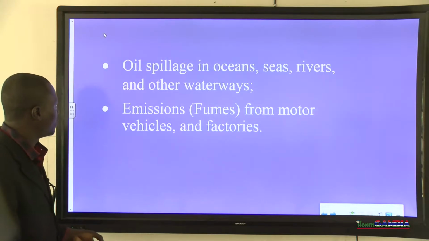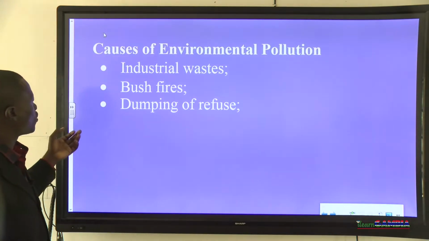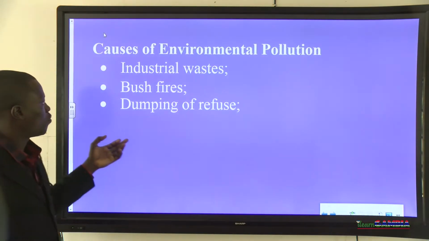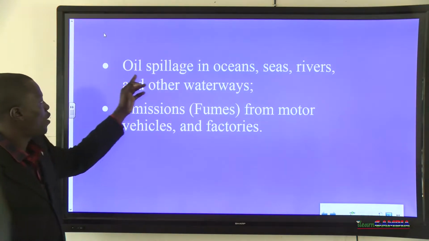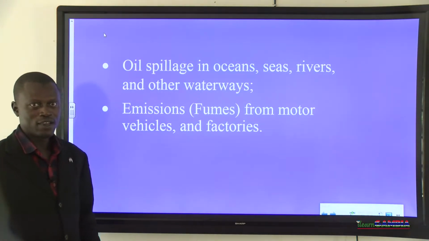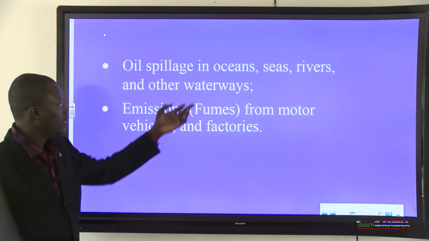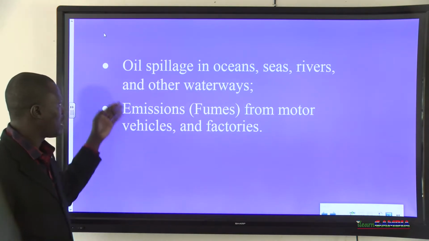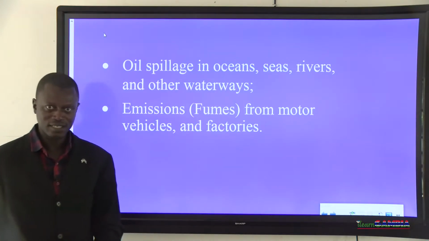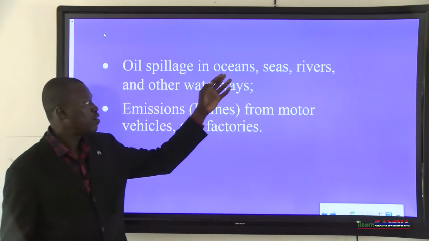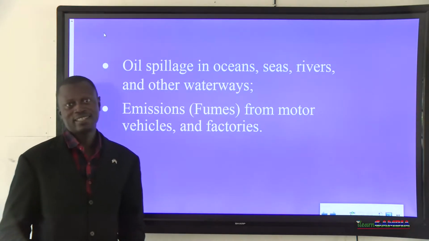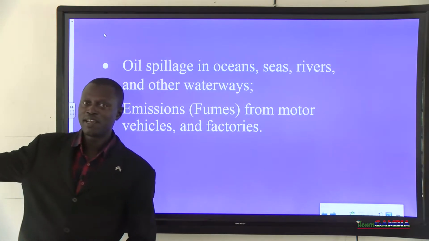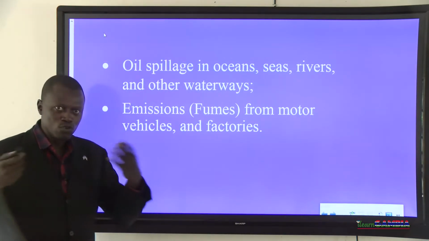Now, other causes of environmental pollution include oil spillage. Oil spillage where? In our ozones, seas, rivers, and other waterways. For example, when one visits the Atlantic ozone site along the hotel areas, what do you see?